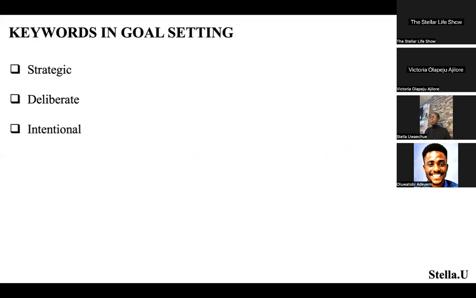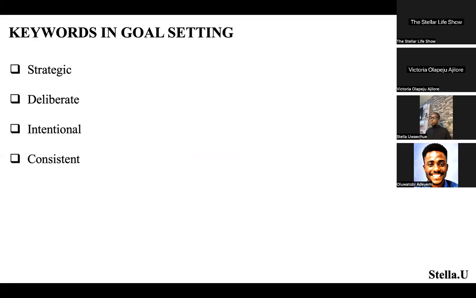So what are the keywords in goal setting? When I think about goal setting, one of the things that always comes to my mind is that it has to be strategic. There has to be a reason. There has to be a why you are saying, I want to achieve this. And in knowing why you want to do something, it helps you to be deliberate. And the word afterwards, intentionality, is also the same thing as deliberate.